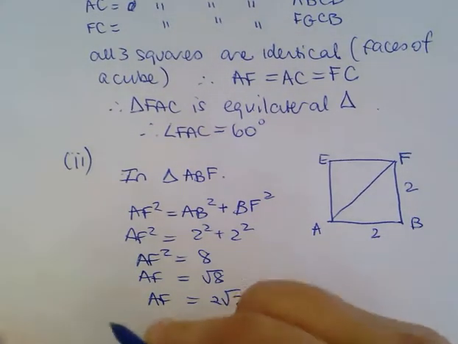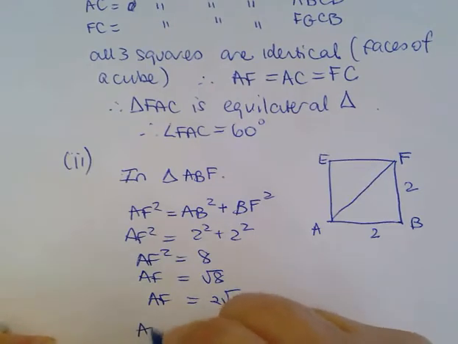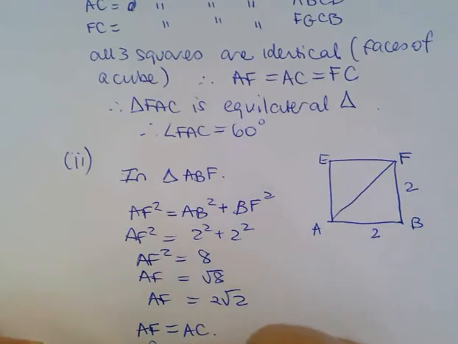Now, we know AF equals AC, and we know that O is the center of that circle, and we know that AO would equal OC.